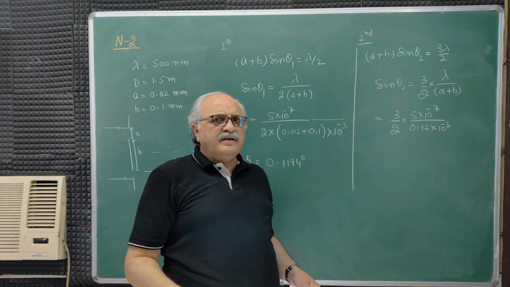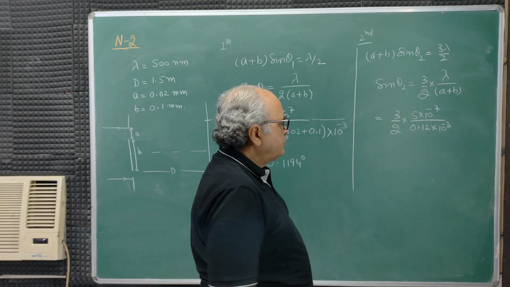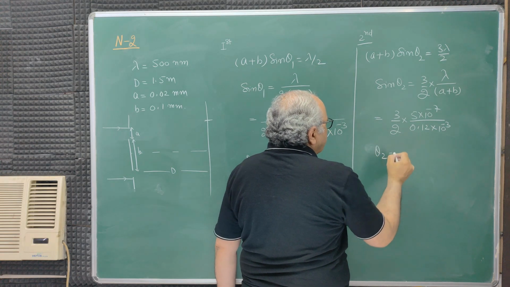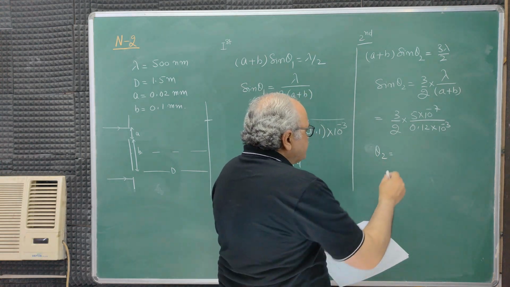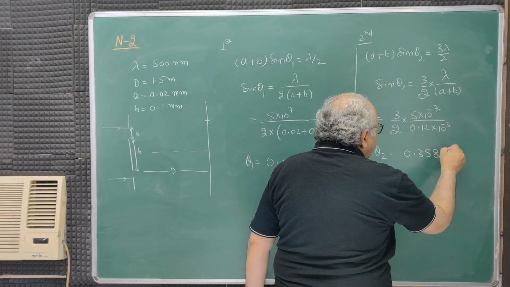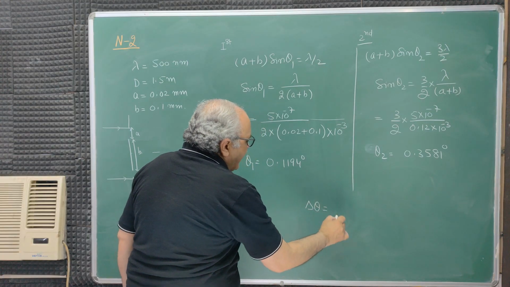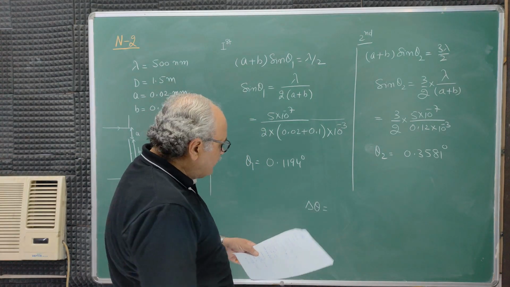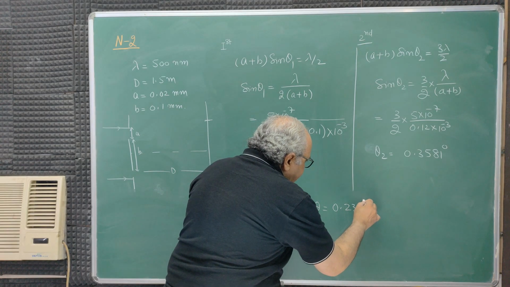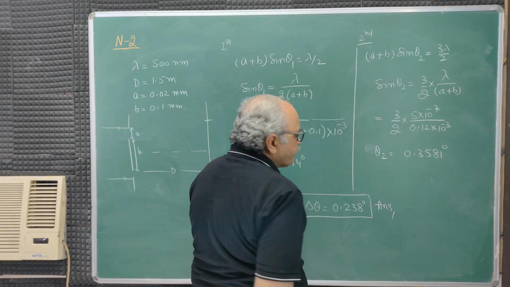All units are taken in SI system, so there is no need to have a correction for it. So if you calculate for theta 2, you will get the value as 0.3581 degree. So from here, if you calculate the separation, the angular separation will be 0.238 degree. So this is the answer for the question number 2.